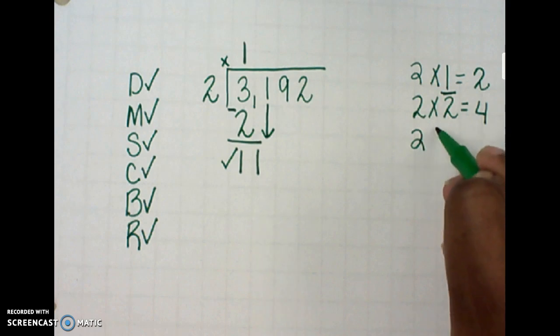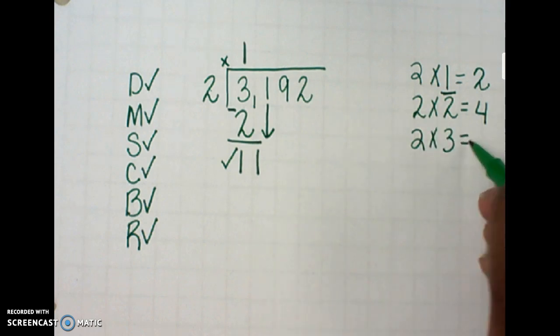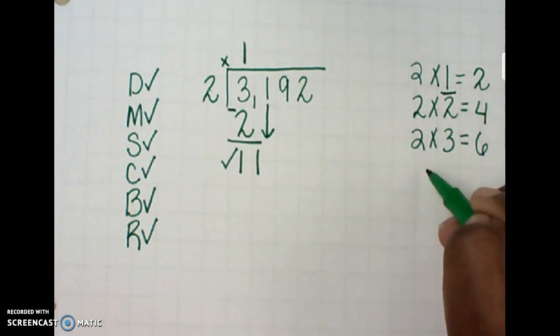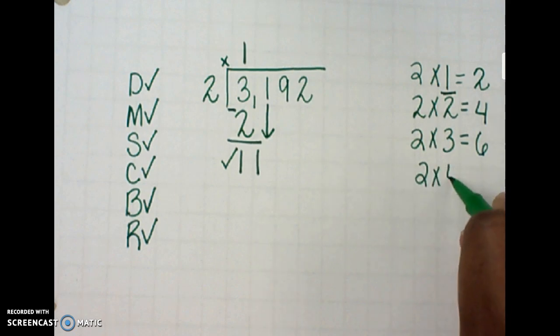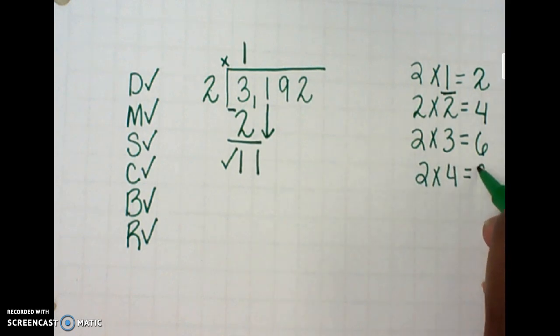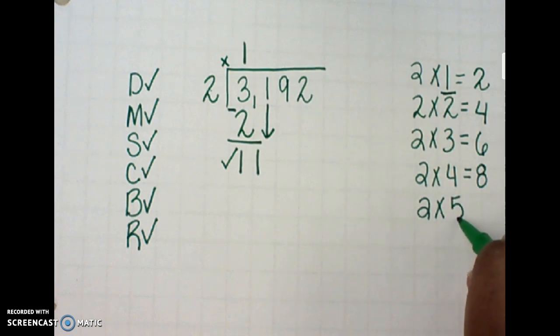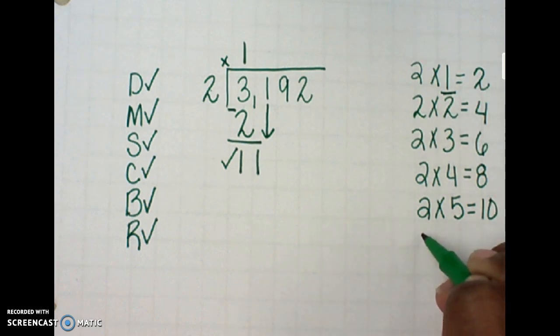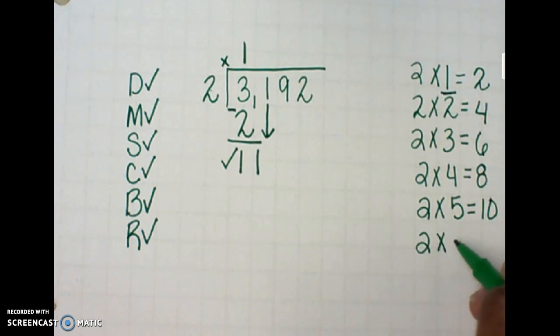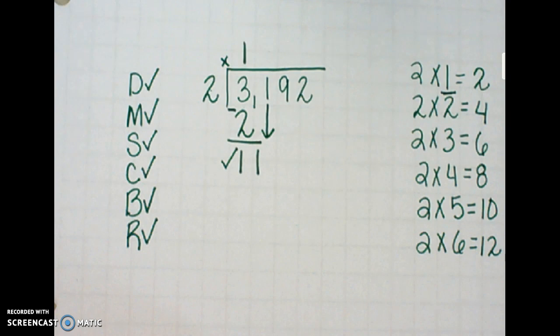So 2 times 3 is 6. 2 times 4 is 8. 2 times 5 is 10. 2 times 6 is 12. And I'm going to stop here.